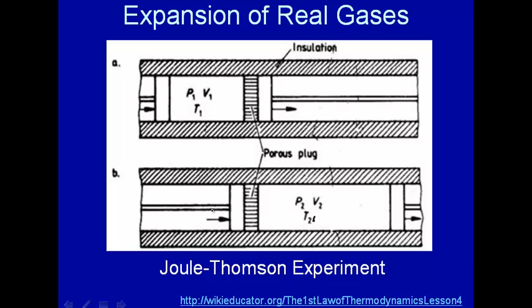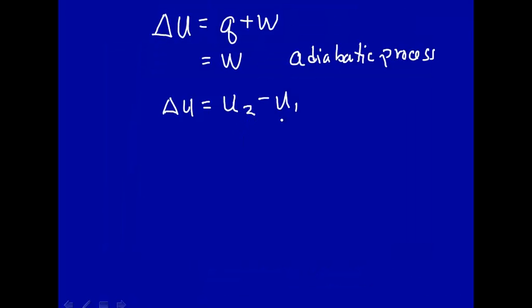At the end of the process, we have no gas over here, so clearly the internal energy is 0, and over here we have an internal energy. So we can calculate the overall internal energy change as what it was finally minus what it was initially. So U2 minus U1, where 2 is the right-hand side and 1 is the left-hand side.